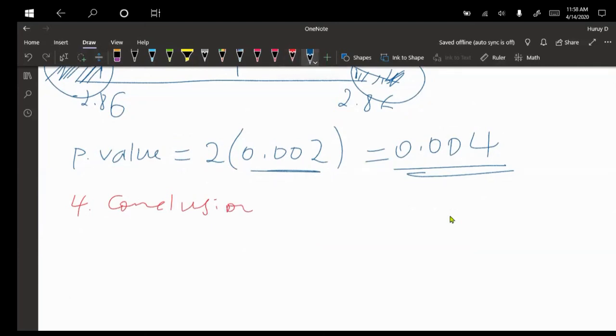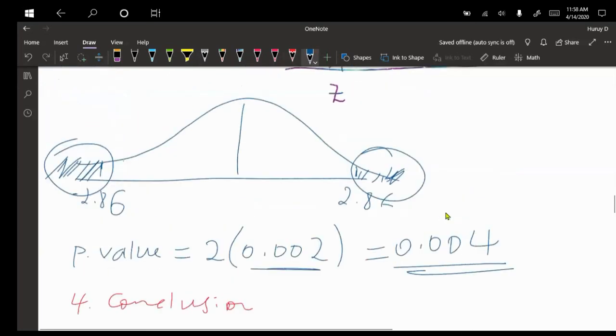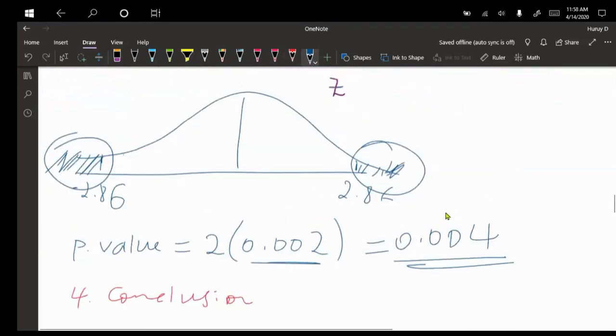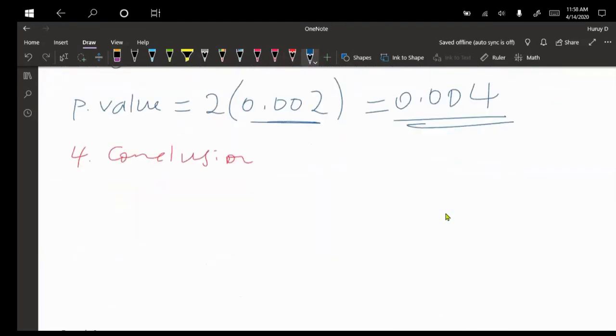And here, let's compare the p-value and alpha. Now, what is our alpha? Let me write it here. What is the value of alpha?